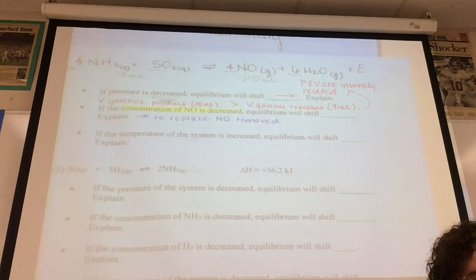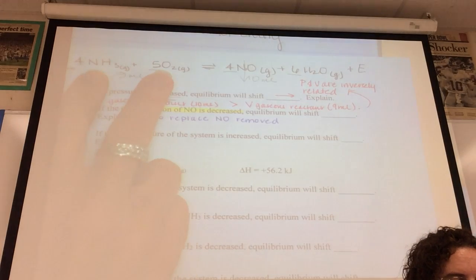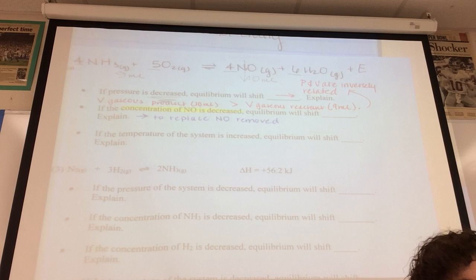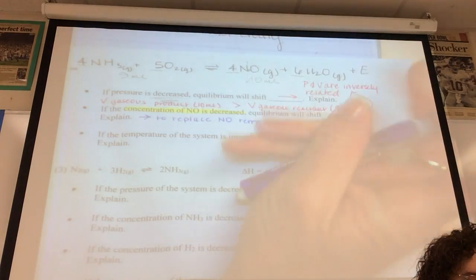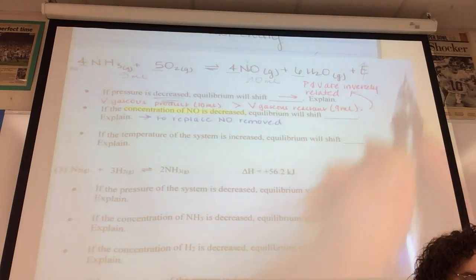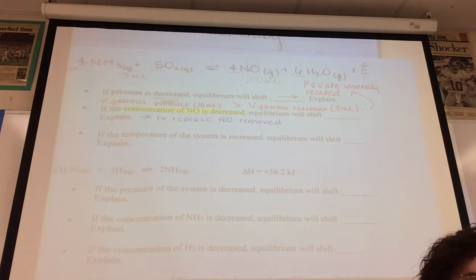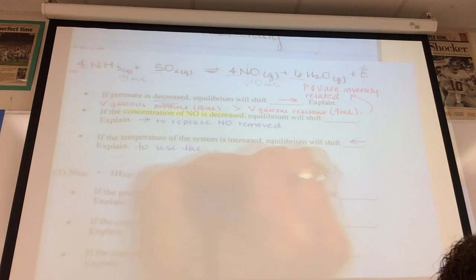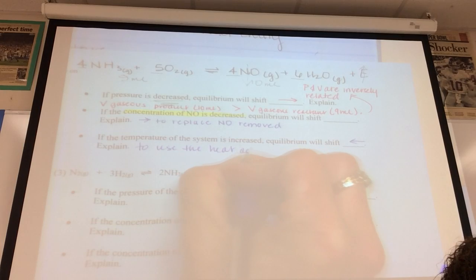Now, when you shift in the forward direction, what happens to the concentration of reactants? They will decrease because they get consumed. If the temperature of the system is increased, equilibrium will shift to the left to use the heat added.